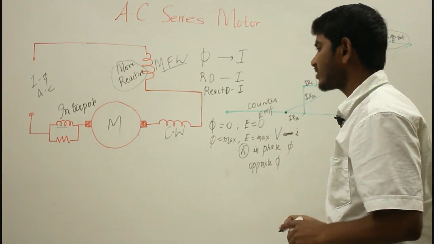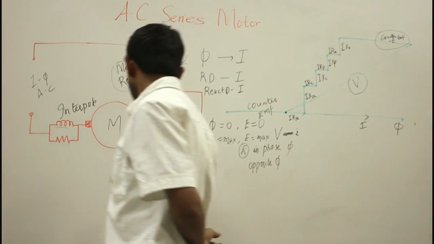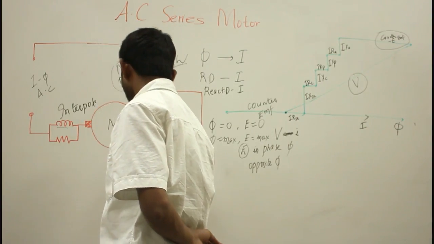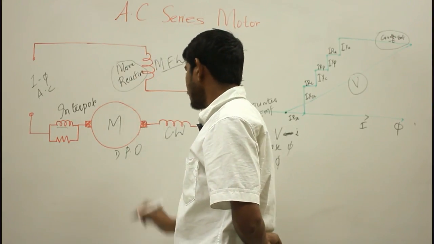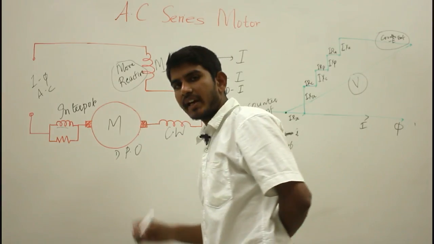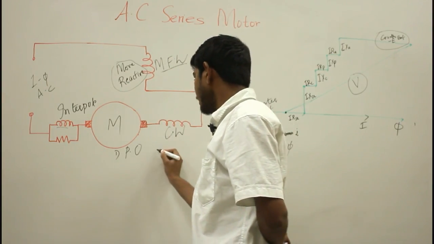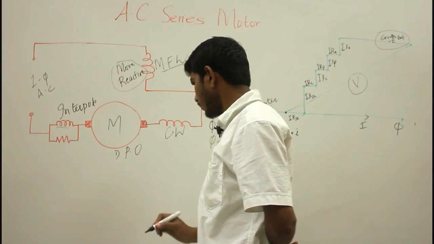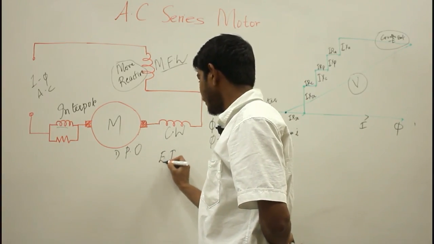Now coming to the characteristics of your AC series motor, the first characteristic is power output. The mechanical power developed by your AC series motor will be equal to the product of counter EMF E and the armature current.